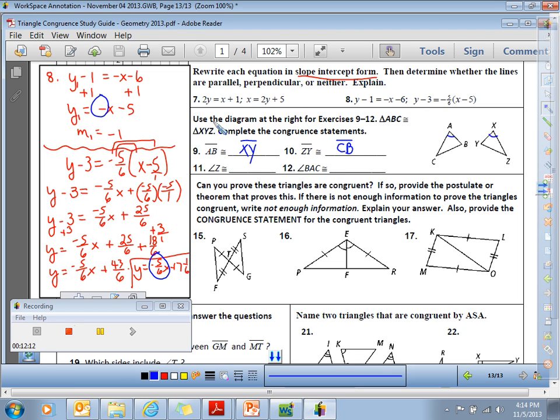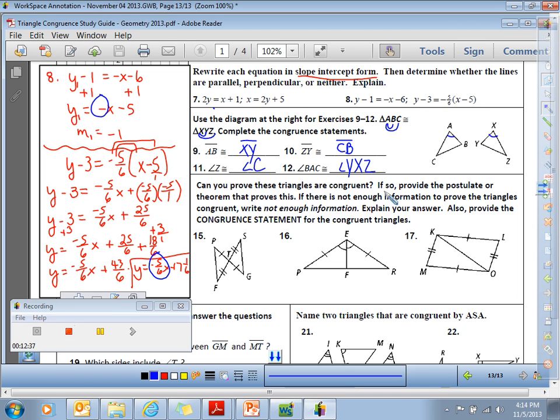Angle Z corresponds to the last letter, angle C. And then angle BAC corresponds to angle YXZ. And of course, you can use your picture, but a congruent statement is sometimes easier to use. You look at it that way.